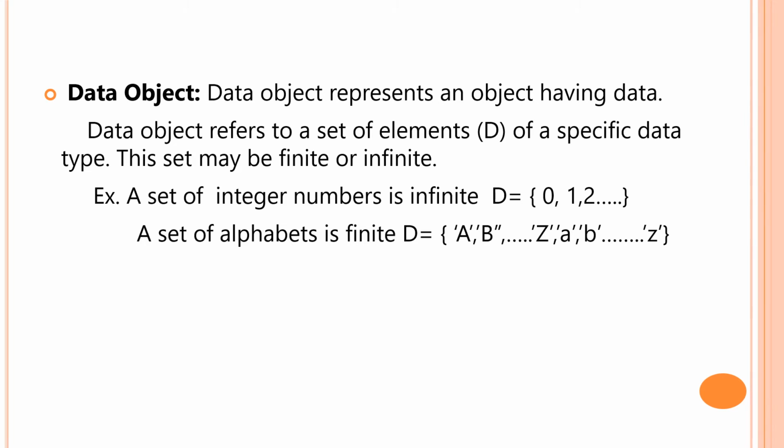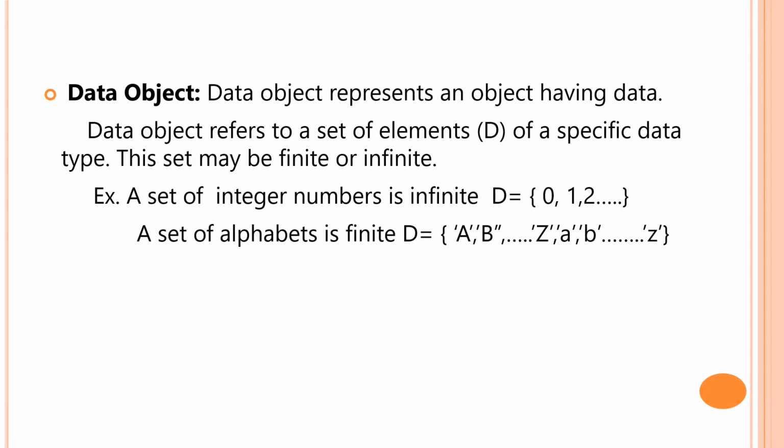Data objects. A data object refers to the set of elements, capital D, of a specific data type. This set may be finite or infinite. If the set is infinite, we have to devise some mechanism to represent that set in memory, since the available memory is limited.